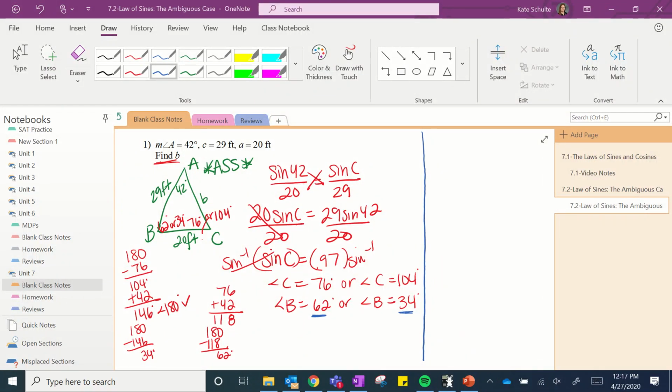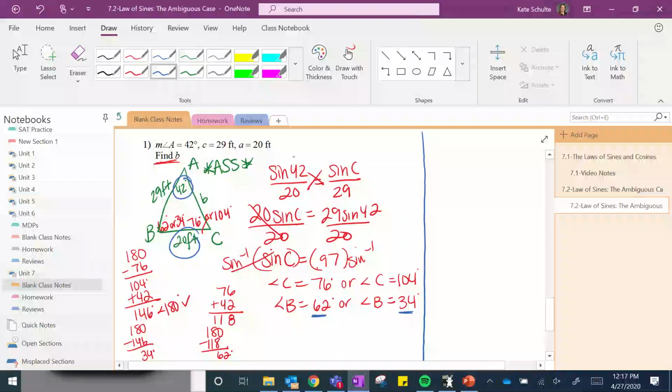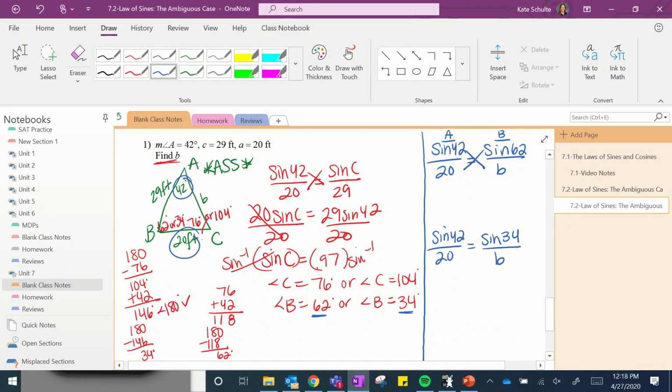We don't want to use angle C here because there's two options for angle C, so I'm going to use angle A and angle B. So this is the original sine of 42 divided by 20, and that's for A. Then for angle B, first I'm using sine of 62 over side B. And then I'm going to do the exact same thing: sine of 42 over 20 equals sine of, this time for angle B, 34.